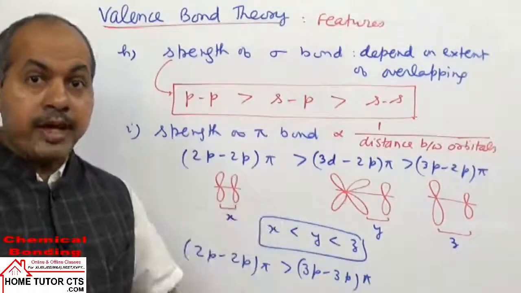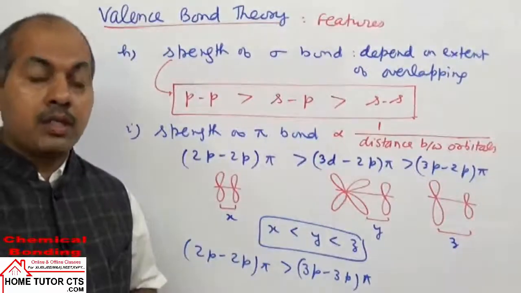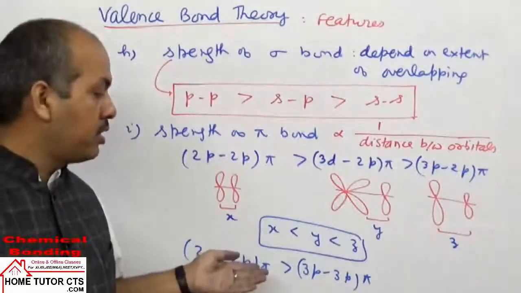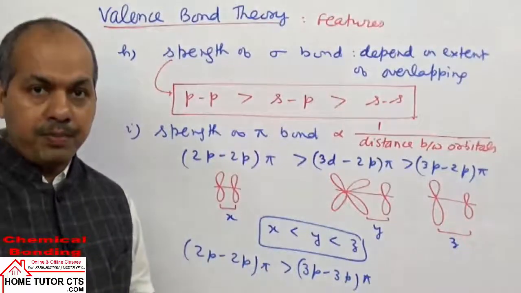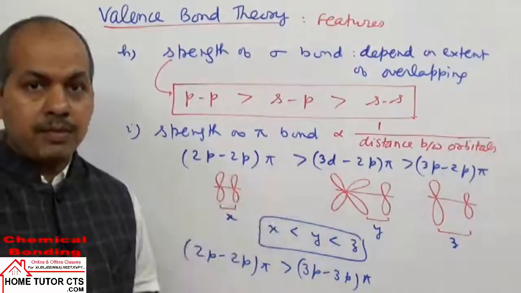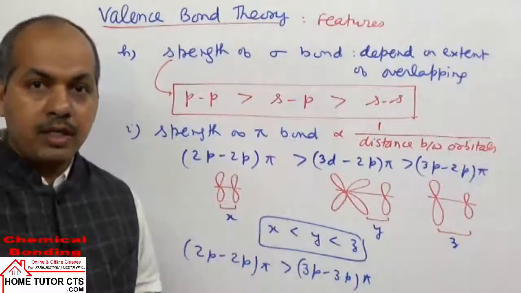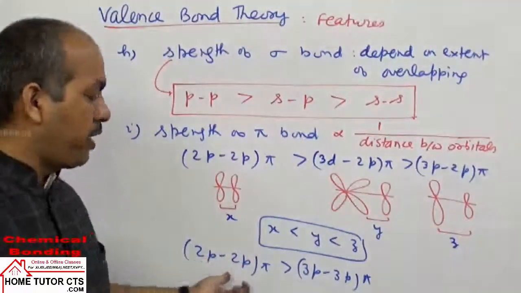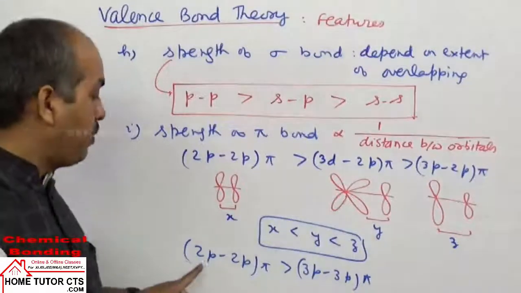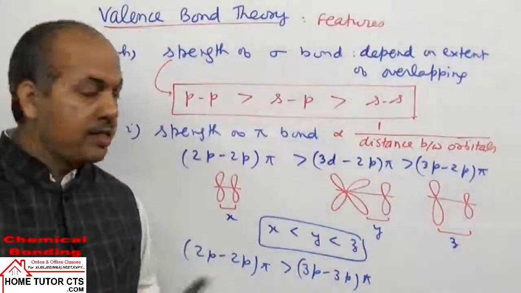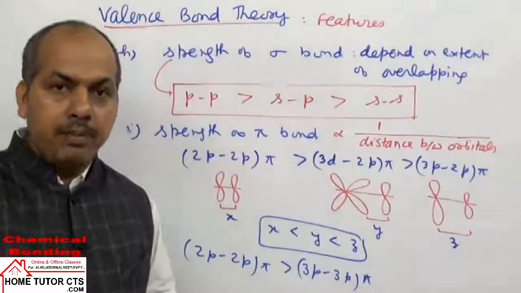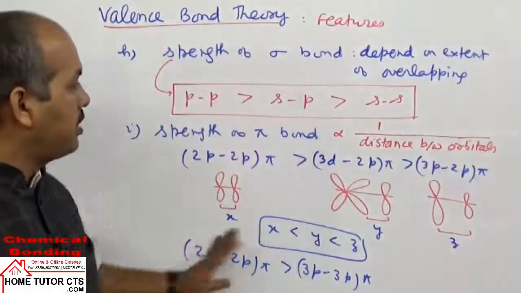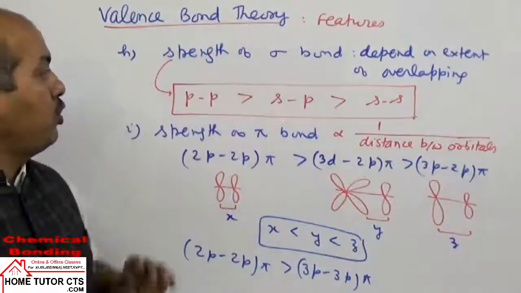But the corresponding elements of the third period, below carbon we have silicon, below nitrogen we have phosphorus, and below O we have sulfur, are not so willing to form the pi bond. The reason is that the strength of pi bonding is higher when the overlapping is of 2p orbitals than 3p orbitals. So that is the basic idea of the valence bond theory.